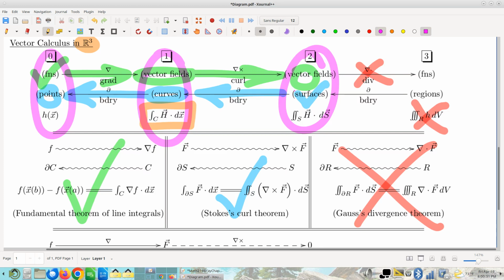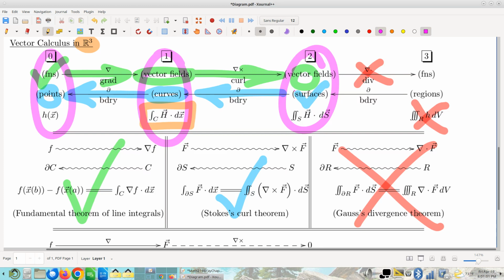Now let's think about how it would go if we were going to use the fundamental theorem of line integrals here. We'd be plugging into this formula, namely at each of our boundary points, into our anti-gradient function. Again, the diagram organizes this for us. And here's the thing: these 2 points, the starting and ending point, are the same point that you're plugging into whatever your anti-gradient function is.